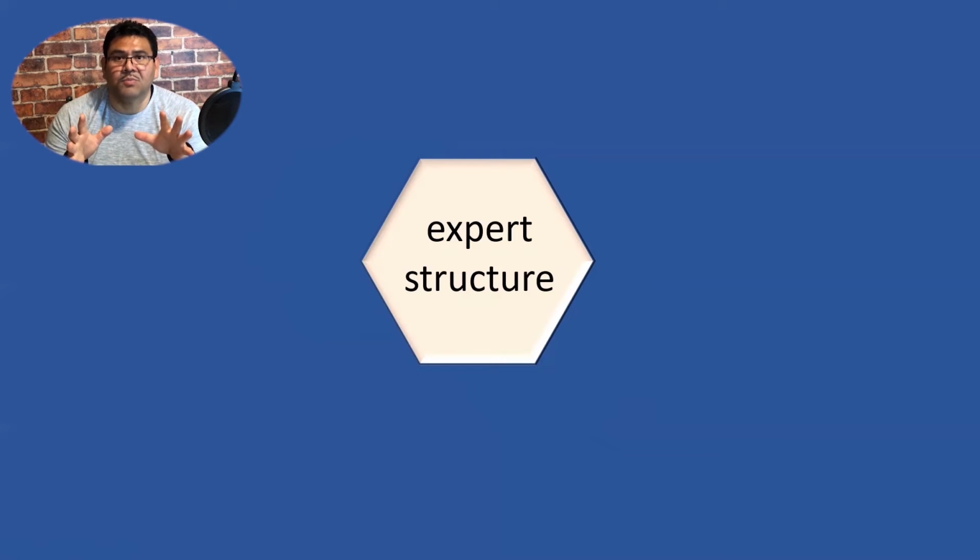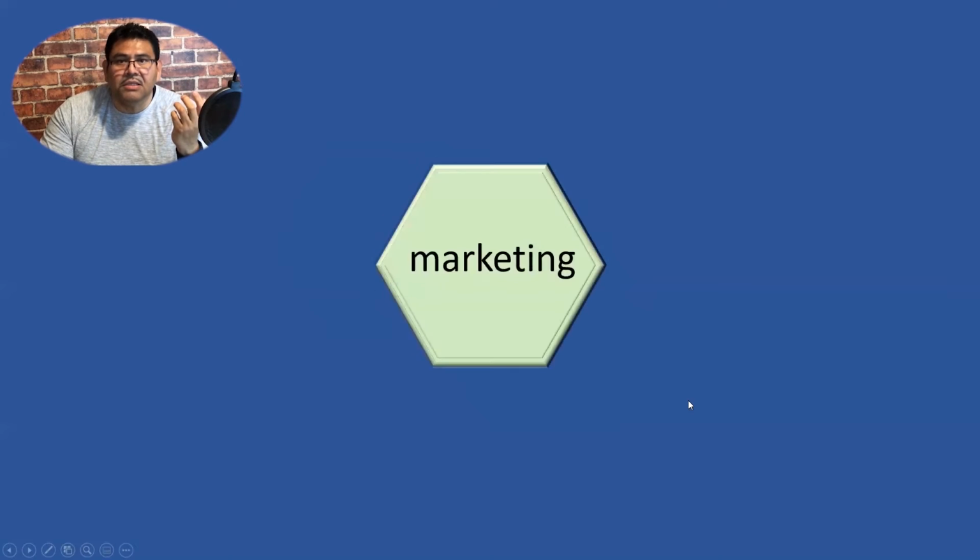Maybe you're already an expert, but if nobody knows that you're an expert, it makes no difference. So you need to start thinking of that knowledge and those skills as something that you can use to promote yourself. And what do you need to promote yourself? Well, you need a system. You need what we call marketing, because marketing is an instrument that allows you to put yourself in front of thousands or millions of eyes and ears so that they can get to know you.